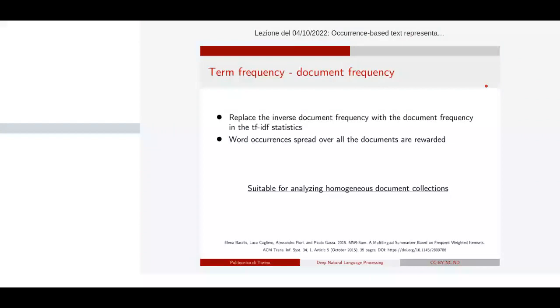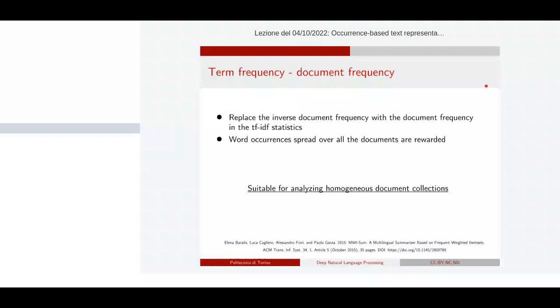We have successfully applied this variant of the TF-IDF metric in a summarization task. Let's think about news articles. If you have the same news described by many articles published by different newspapers, the topic is almost the same, but some newspapers have, of course, emphasized some aspects, whereas others have neglected some aspects and emphasized a particular one.